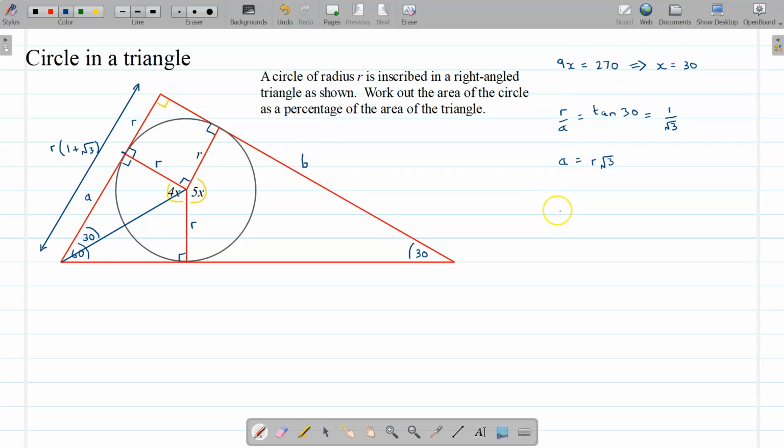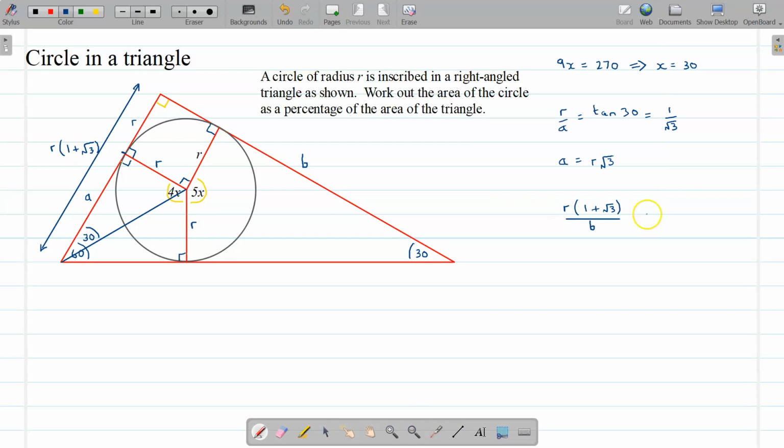Okay, and I can say that r(1 + √3), that's the opposite, divided by the adjacent, which is b, is also the tan of 30.